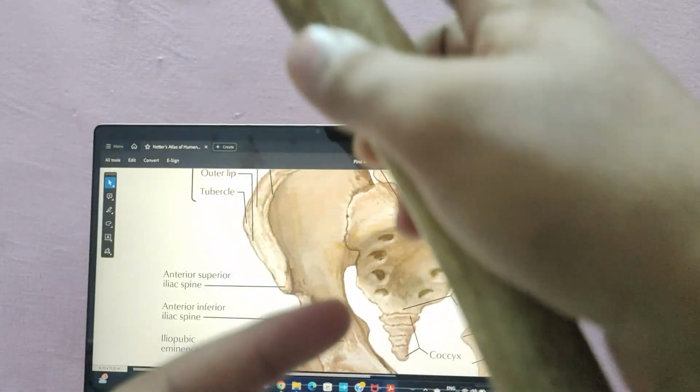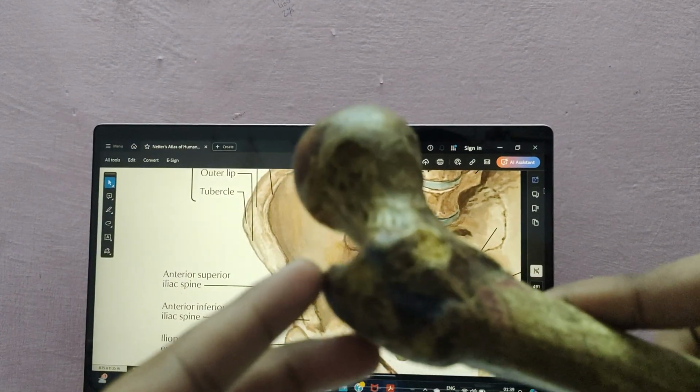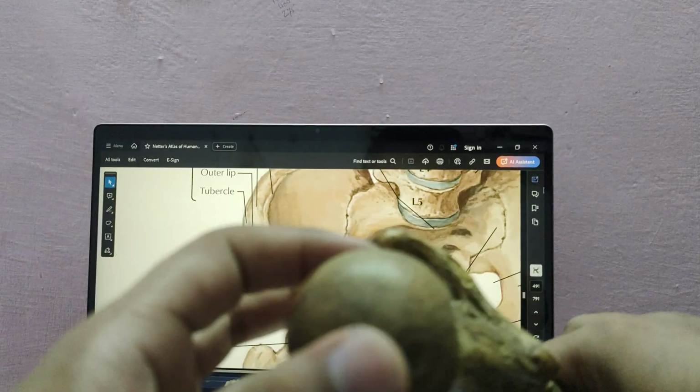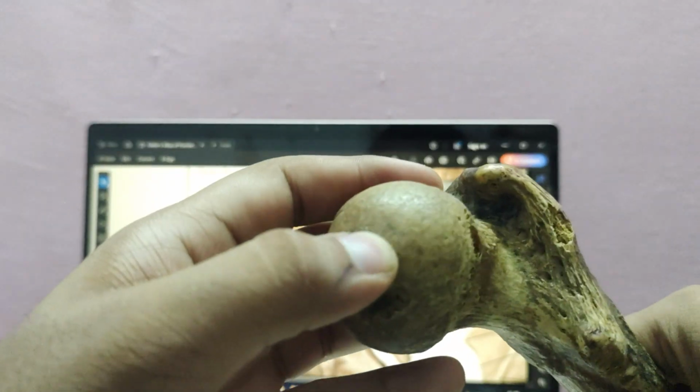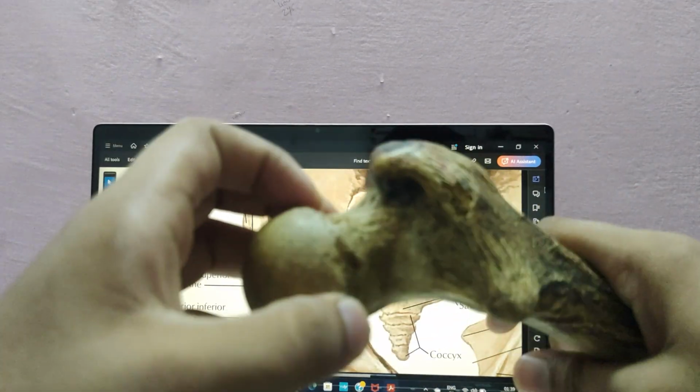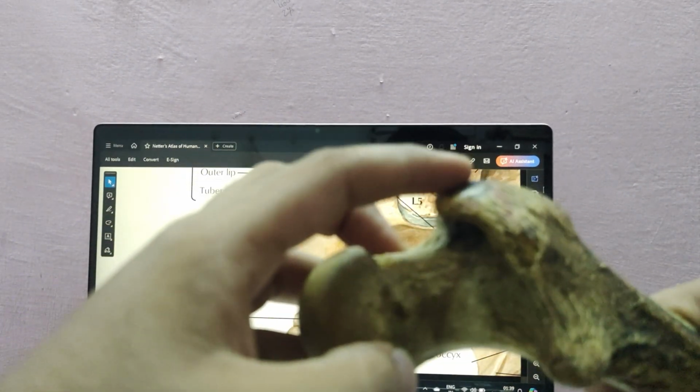This is the fossa. This is the superior. On this side attaches the piriformis muscle, and this is the greater trochanter.